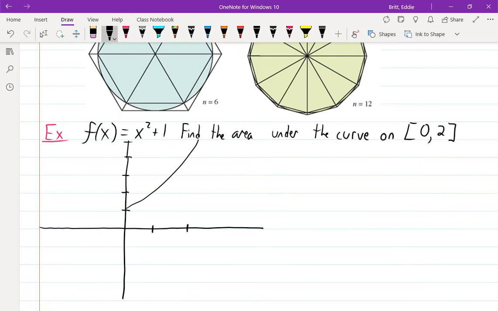Here's x equals 0, here's x equals 1, and here's x equals 2. So of course, if I drew the whole graph, it would go up like this on the left side. But the problem that I'm looking at is finding the area under the curve of x squared plus 1 between the values of x equals 0 and x equals 2. All right, so here's x equals 0, and here's x equals 2.